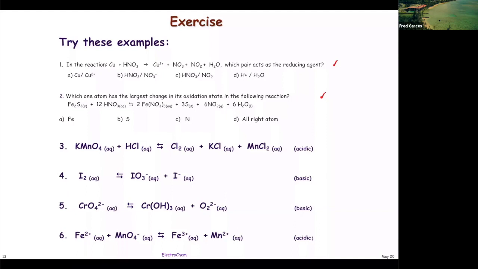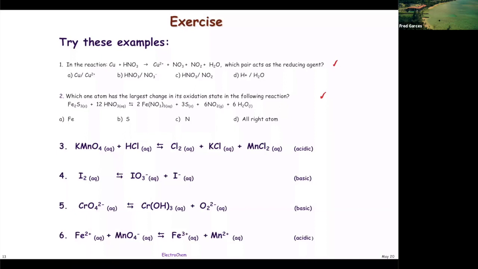Leo says GER: gain electrons, reduction. So when you split the equation into two half reactions, the reaction in which the electron is a product, you're losing electrons, that's the oxidation process. The half reaction in which the electron is a reactant, gain electrons, that's the reduction.